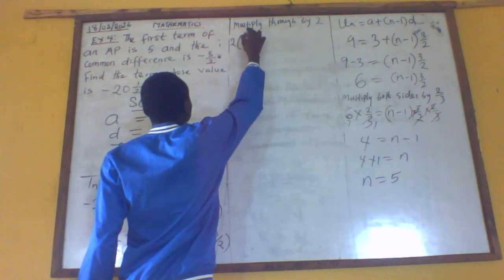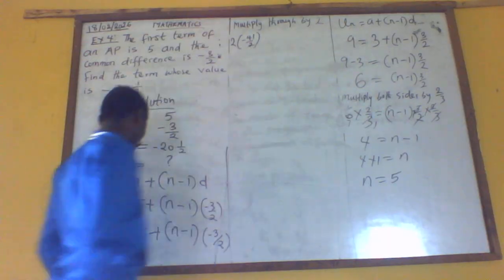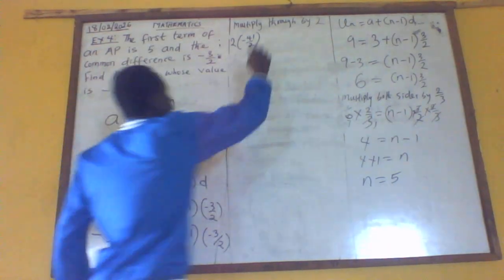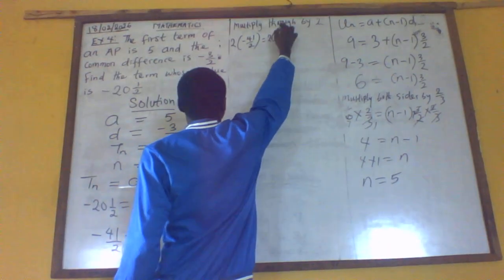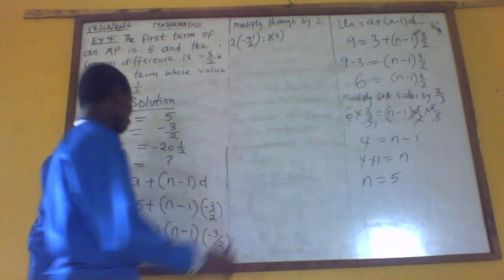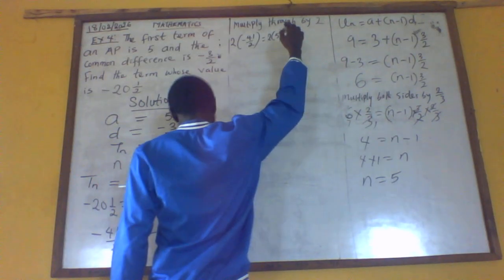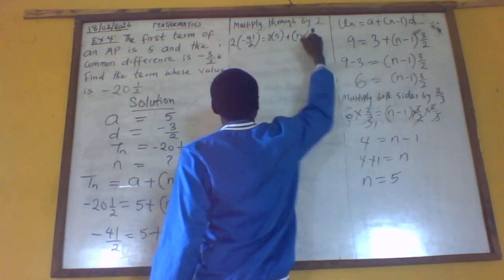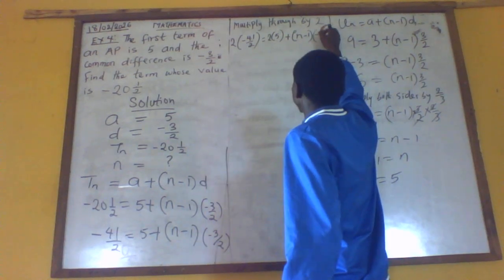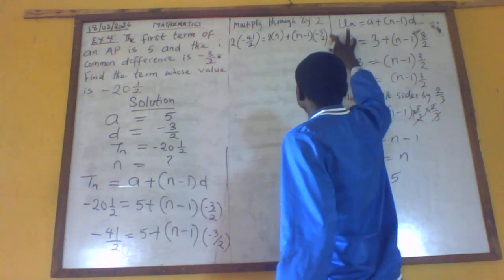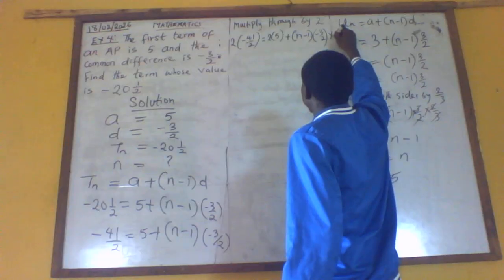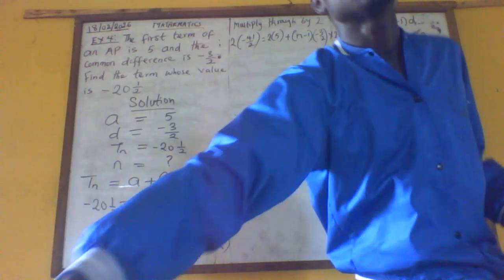2 into minus 41 over 2, can you see that? Equals 2 into 5 plus (n minus 1) into minus 3 over 2. Then I can multiply this by 2.